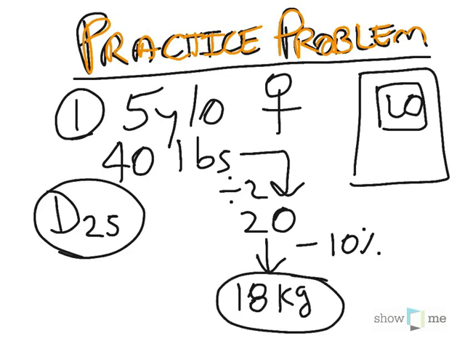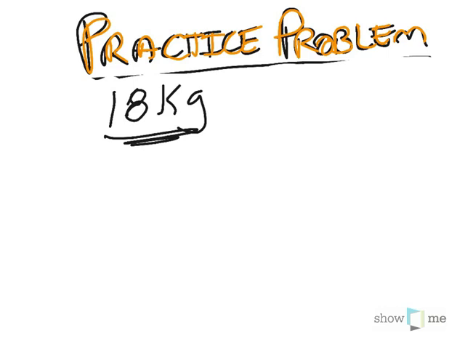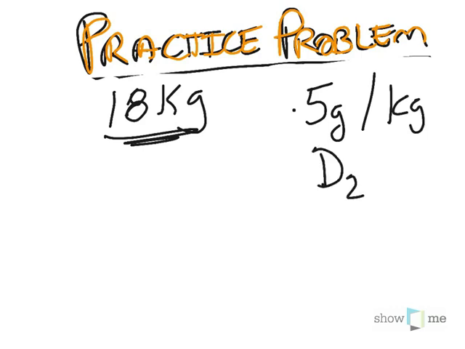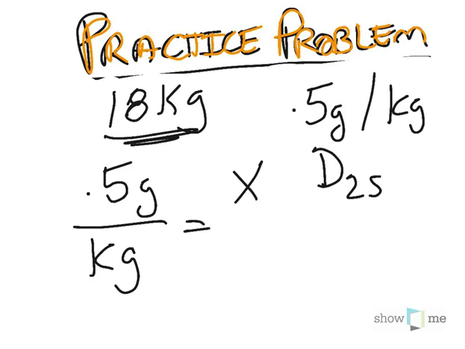So we found out she weighs 18 kilos, and your protocols say that you're to give 0.5 grams per kilogram of D25 for hypoglycemic pediatric patients. We're going to punch this into our equation to get the amount of grams that an 18 kilogram kid should get.